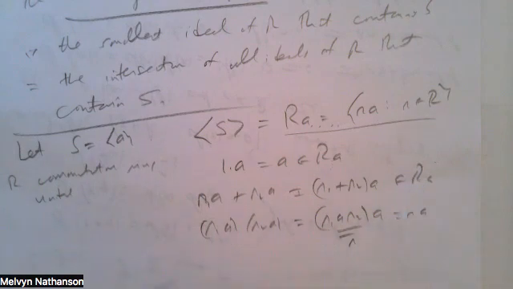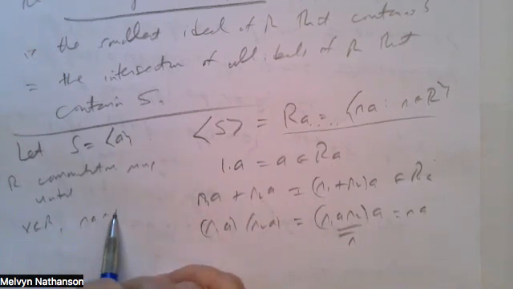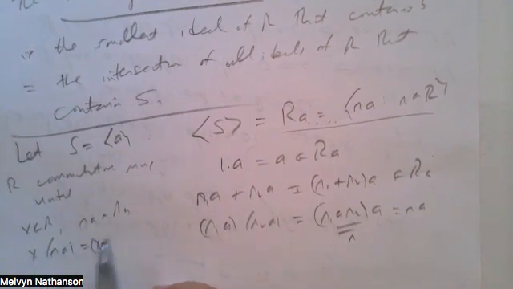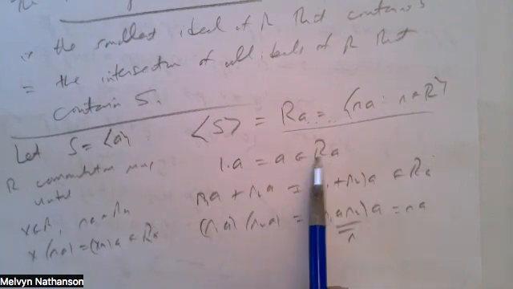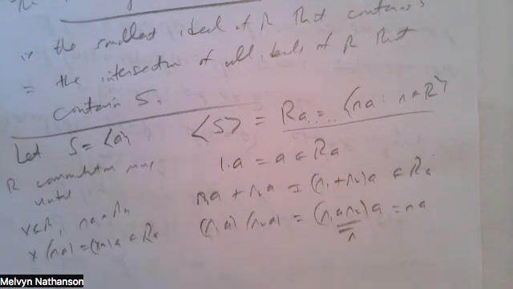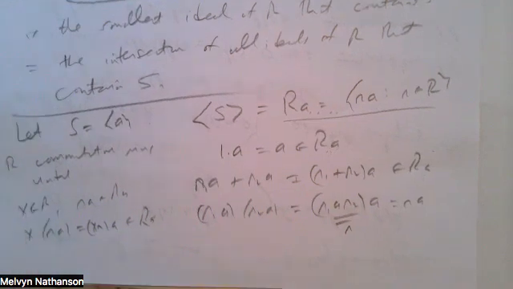But an easier thing is that if I take x in R and ra in Ra, then x times ra is xr times a. So that's a multiple of a. So if I take anything in this set and I multiply it by a ring element, I get another element of this set.